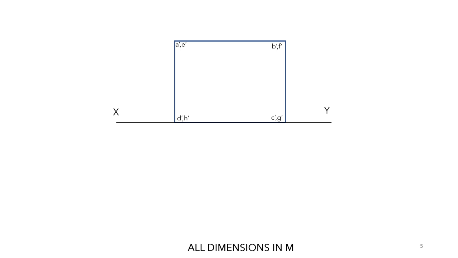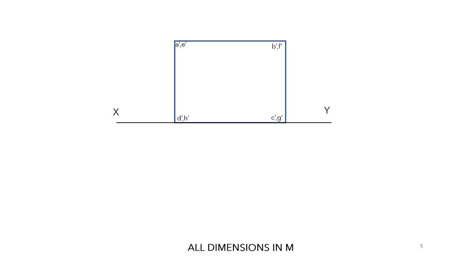As you already know, in engineering drawing, the usual convention is that you have to name the front view in dashed letters. So A dash, B dash, C dash, D dash, then E dash, F dash, G dash, H dash. So this is basically the back side of the wall and front side of the wall.